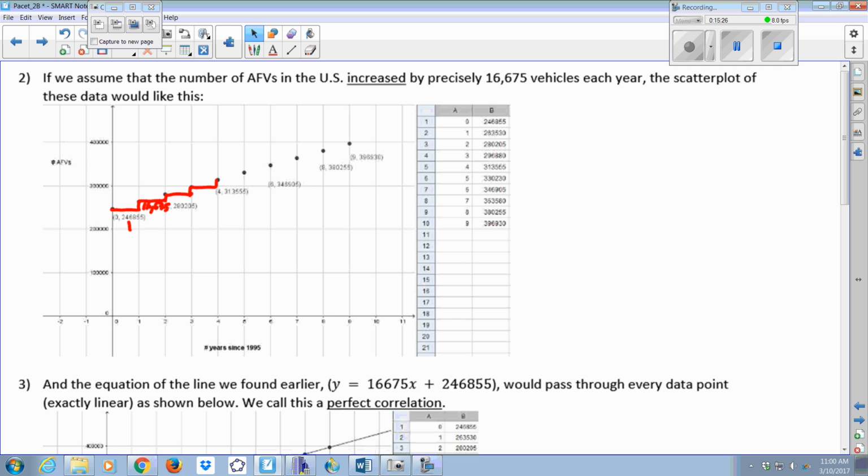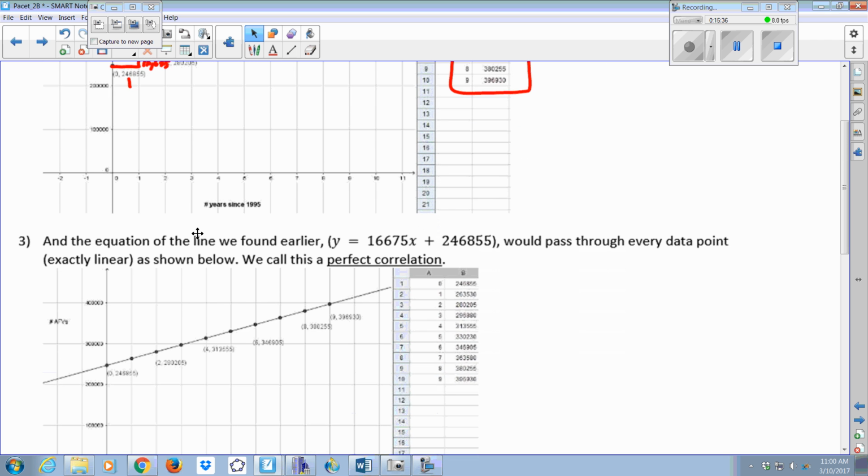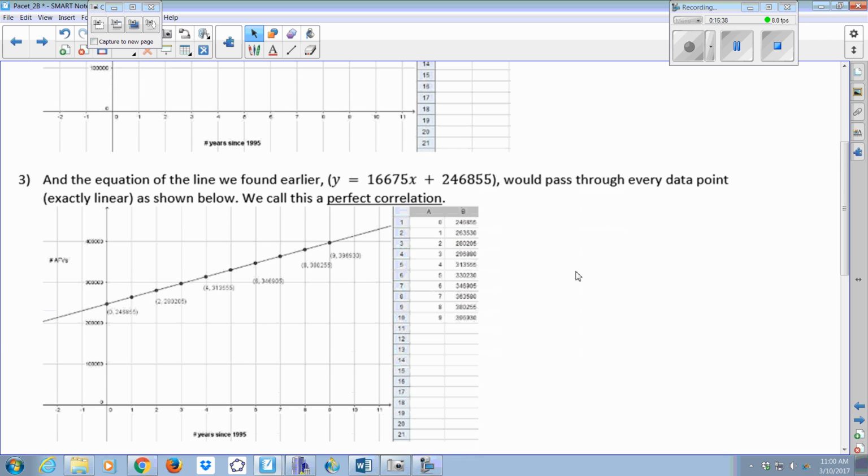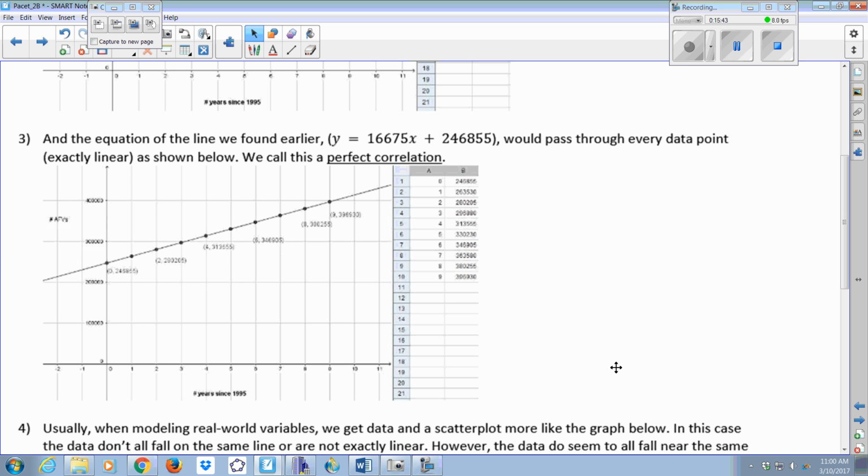Right, so that's what it would mean, and these would be the values based on the line we created using just the first 2 data points. Okay? So this earlier equation we found would pass through every single point exactly. And we call that perfect correlation when the line passes through every single data point.